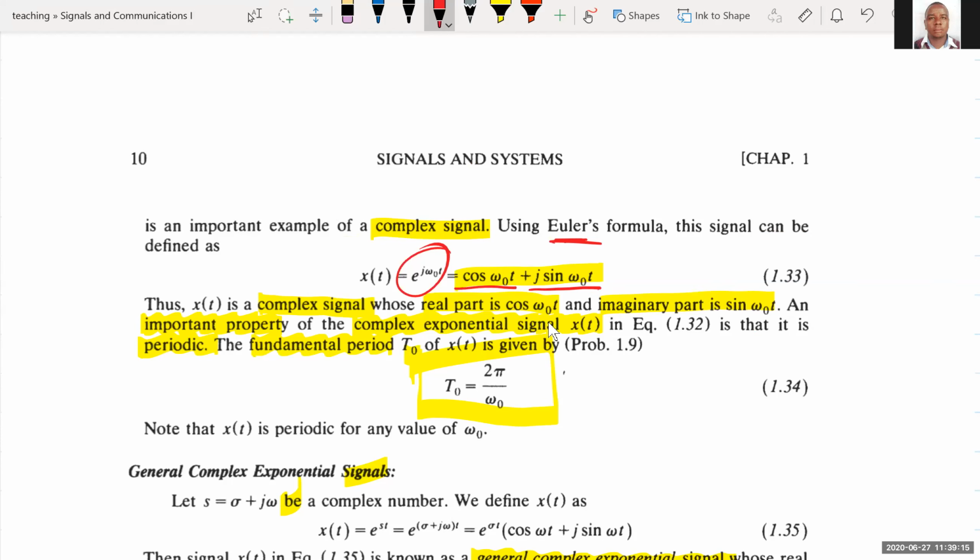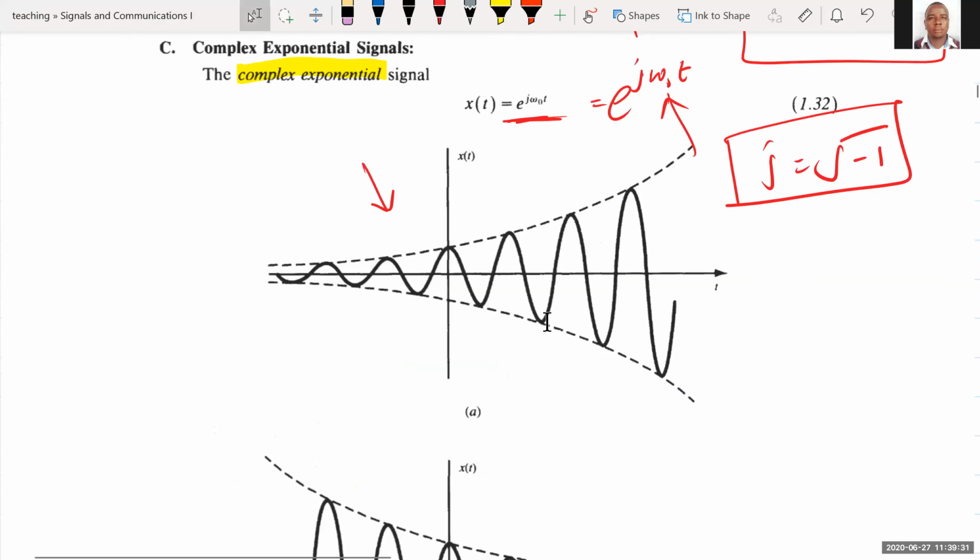So we are saying the real part is a function of cosine, and the imaginary part is a function of sine. And therefore, this function right here is a combination of both sine and cosine.